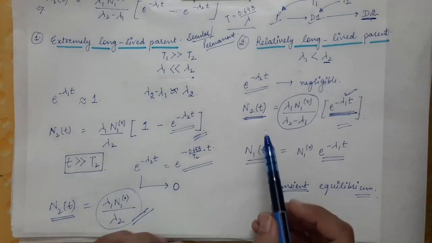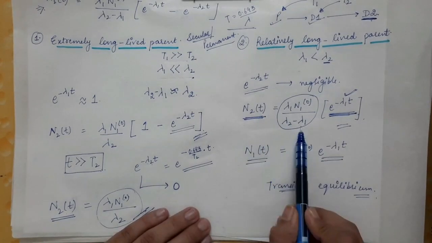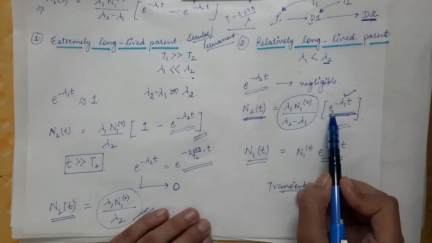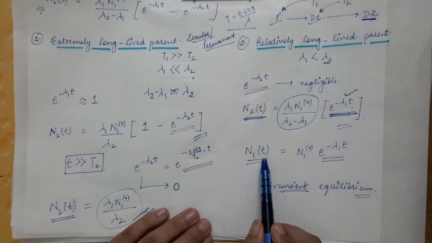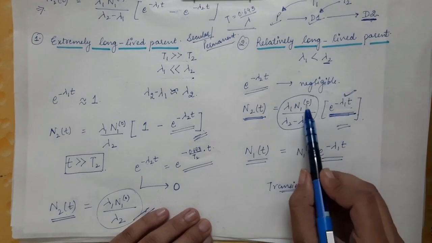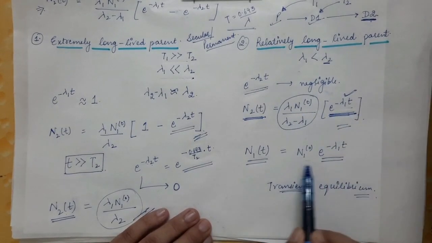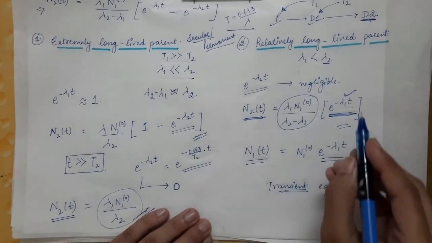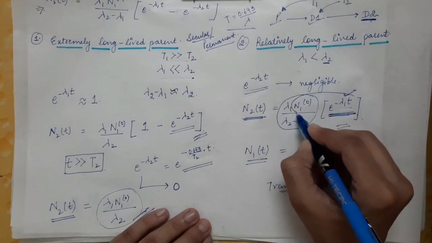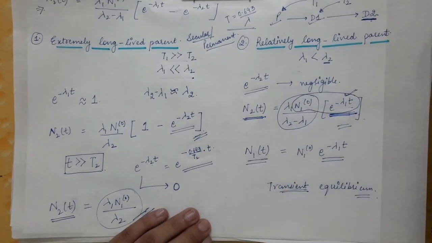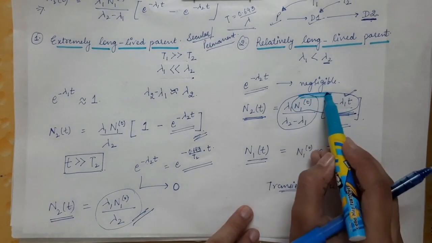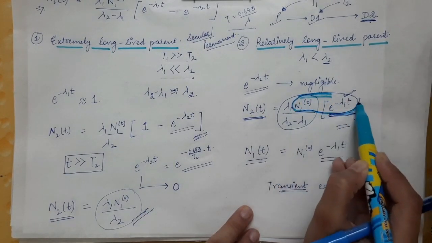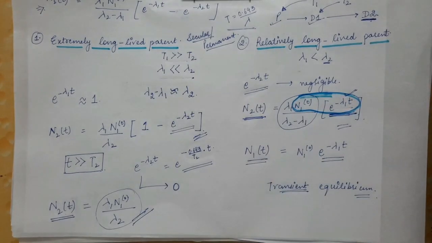And you can do a little modification in this equation. Here we have N10 into e power minus lambda 1 t, which is nothing but N1 t. So you can replace this term by N1 t.